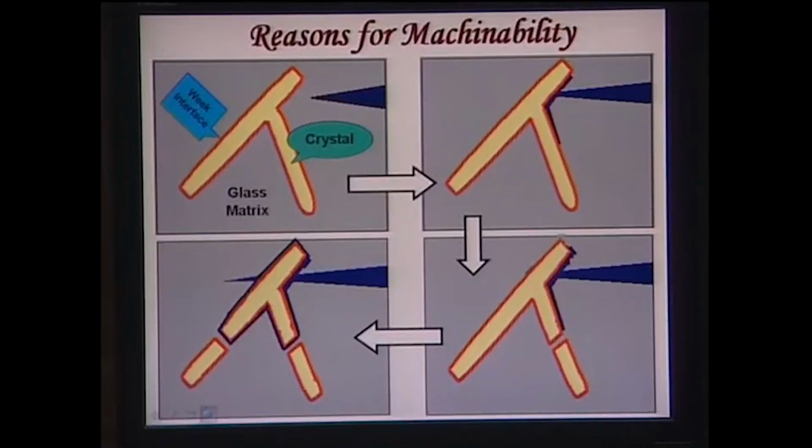Now, the reason for machinability: when you have interlocking crystals like this, machining cracks will interact with them, and these crystals can break at some preferred cleavage plane. It therefore gives more resistance to crack propagation in contrast to a simple glass matrix itself.